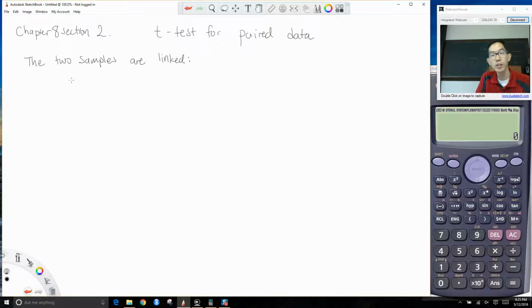Probably the most common example is a before and after study. Maybe you have 10 individuals, and each individual has a before and an after measurement.